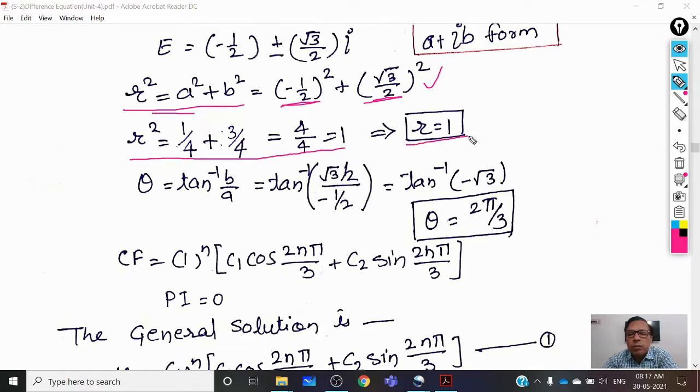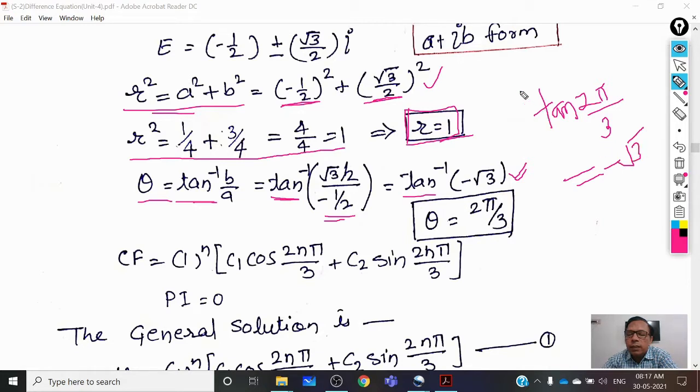On simplifying we get r equal to 1, and theta equal to tan inverse of b upon a. By using the values of a and b, theta equals tan inverse of under root 3 by 2 upon minus 1 by 2. On simplifying this, it will be tan inverse of minus under root 3, and we know that the value of tan of 2 pi by 3 is equal to minus under root 3.